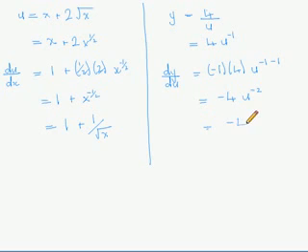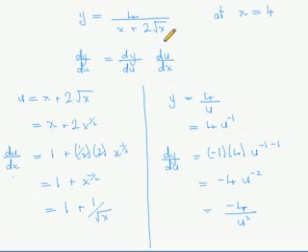We can rewrite that as minus 4 on u squared. Okay, so now we have both dy/du and du/dx, which is needed for our chain rule.